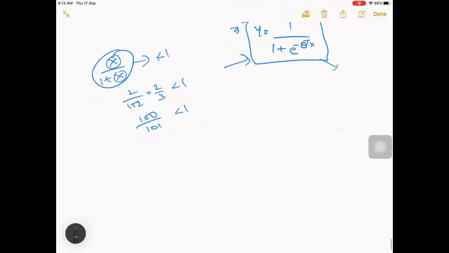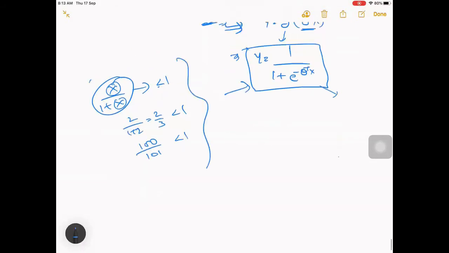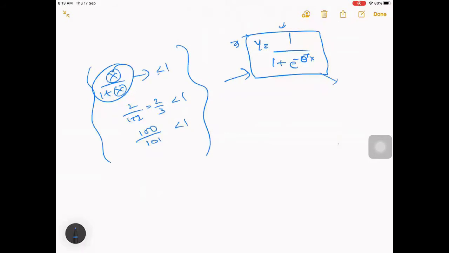Taking this into consideration, we make it e power something. E power x value will always be positive. So e power x by 1 plus e power x will always be less than 1, and since it is a positive number, it will always be greater than 0.